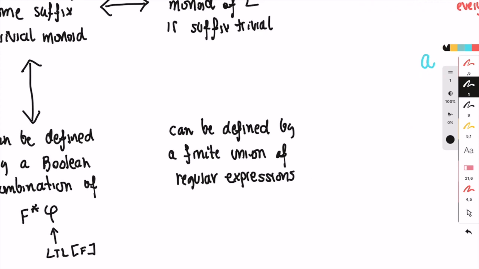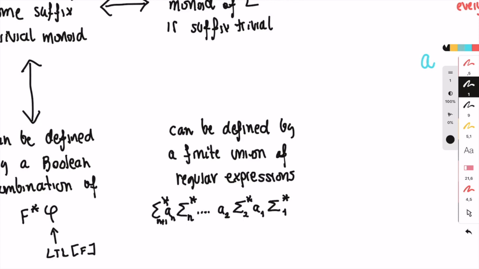So you write some alphabet star here, then some letter, and some other alphabet star, and some letter, and so on. Like this.